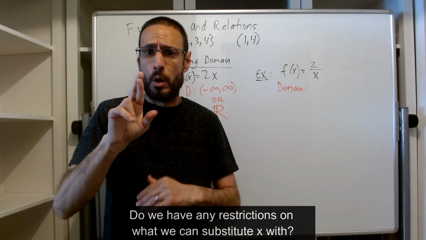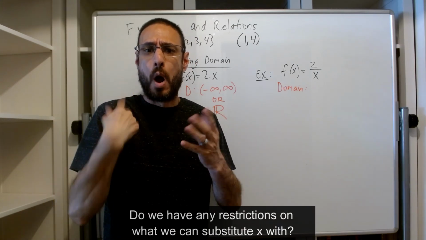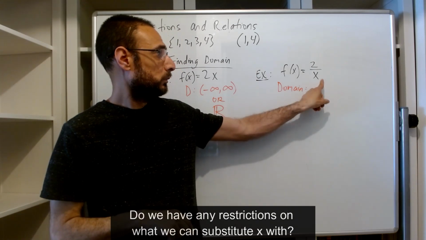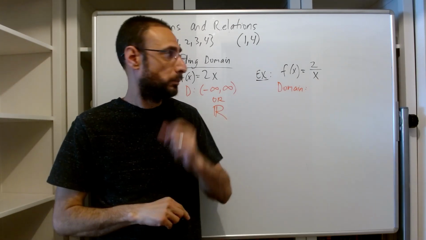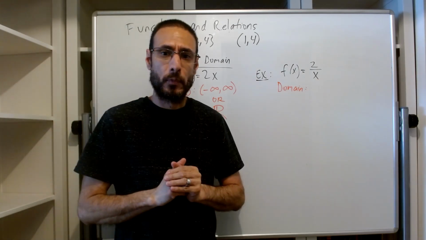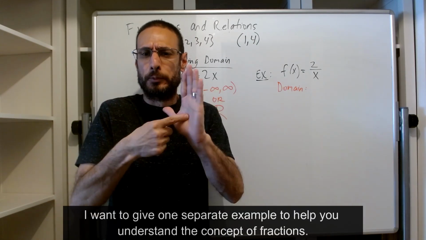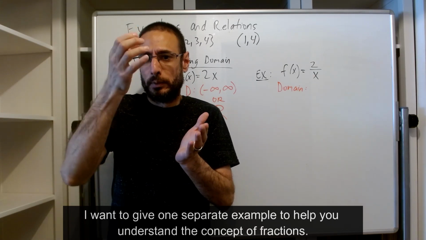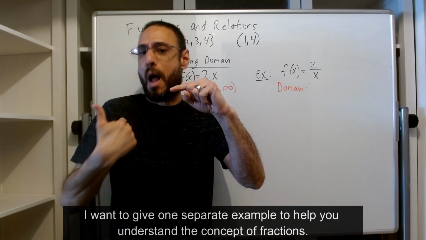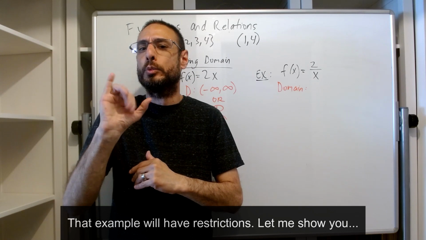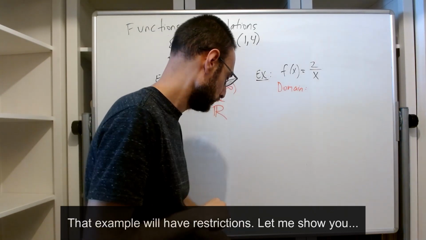Do we have any restrictions on what we can substitute x with? I want to give one separate example to help you understand the concept of fractions. That example will have restrictions. Let me show you.